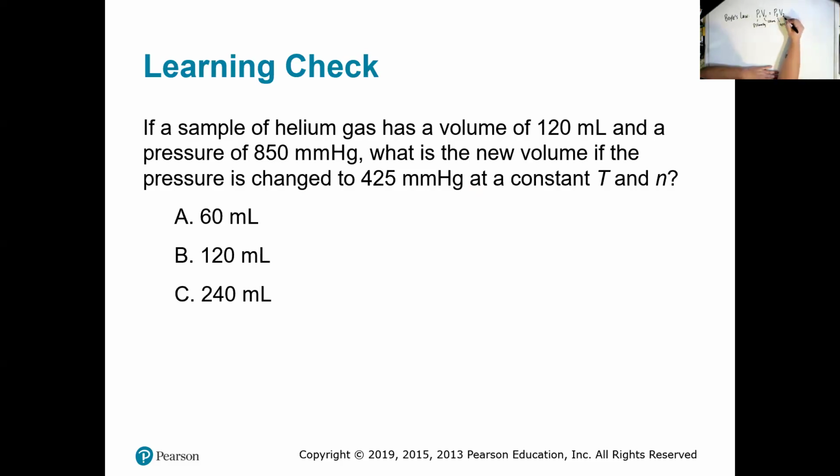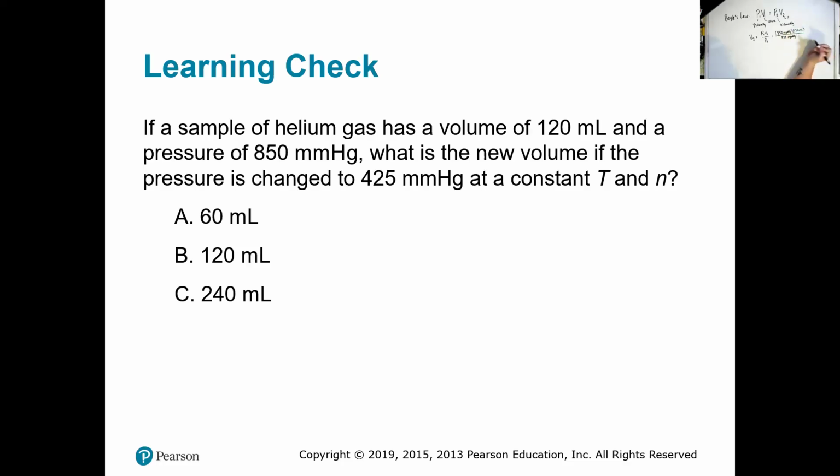This is just like how I like to sketch this out, visualize it. All right, now we can solve our equation for V2. So V2 is going to be equal to pressure 1 times volume 1 divided by pressure 2. So 850 millimeters of mercury times 120 milliliters divided by 425 millimeters of mercury.